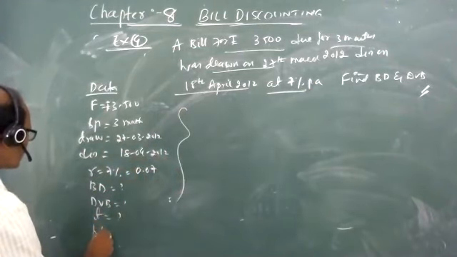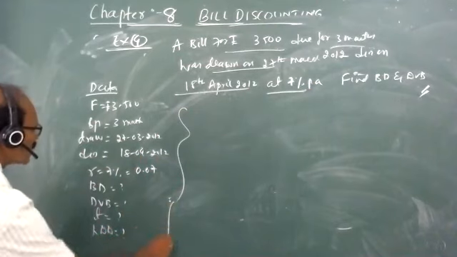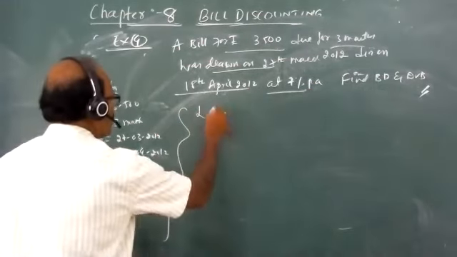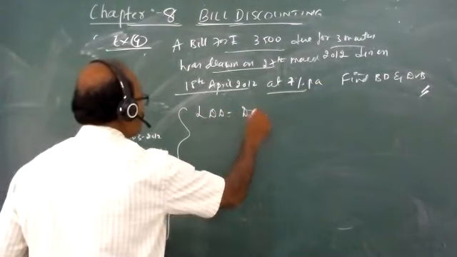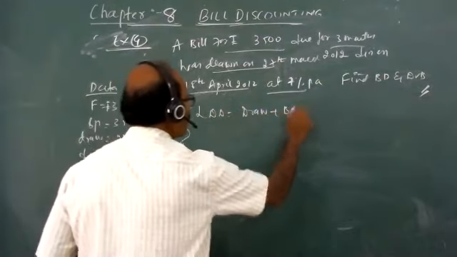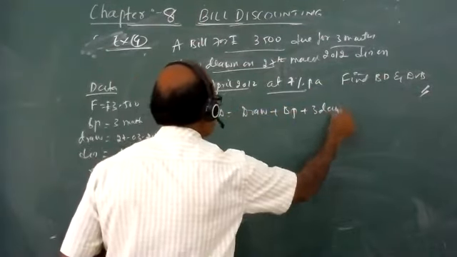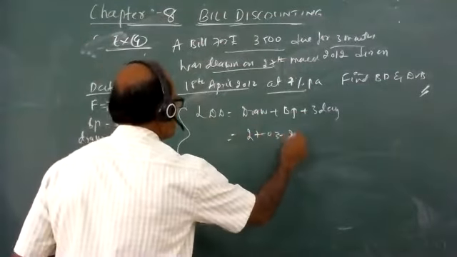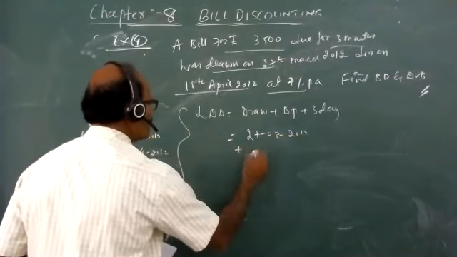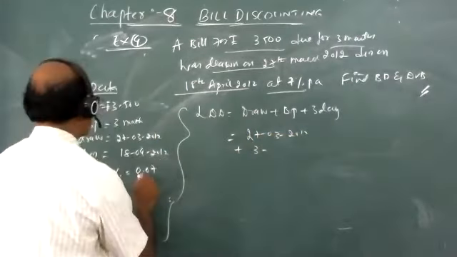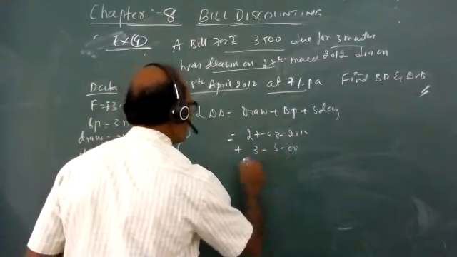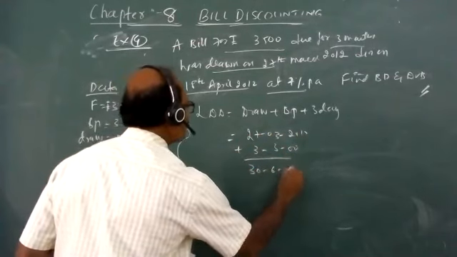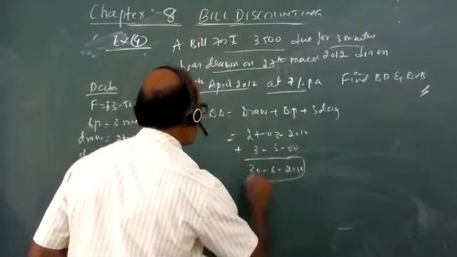For T, calculate LDD. So first we want to find LDD, which is equal to draw date plus bill period plus 3 days grace. So draw is 27/3/2012 plus 3 days grace plus 3 months. That becomes 30/6/2012.